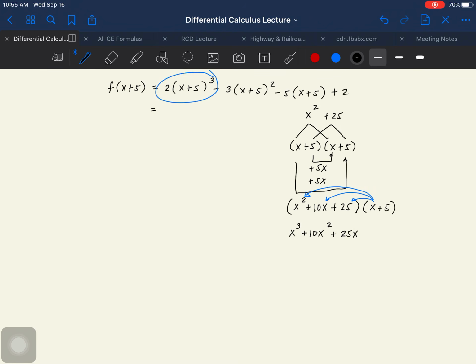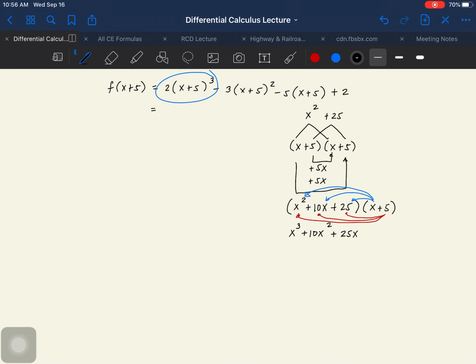Okay. So we're done with x. So what's next is the 5. 5 here will be multiplied with x squared, then multiplied with 10x, then multiplied with 25. So what happens?